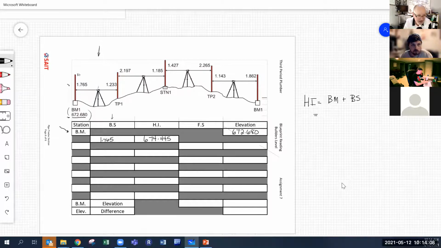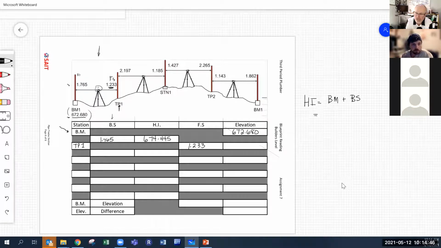Now, once we have that, we can determine the elevation at turning point 1. So we're going to call that turning point number 1 right here. The turning point 1 foresight, this number right here, is 1.233. So you swivel your builder's level around to a line of sight to a new location.